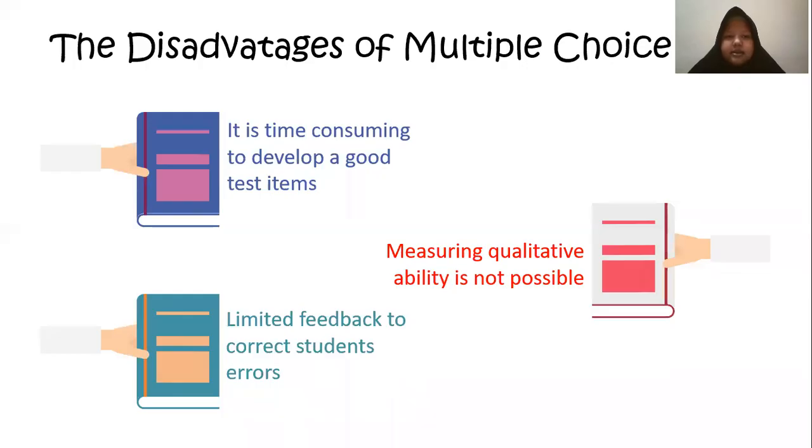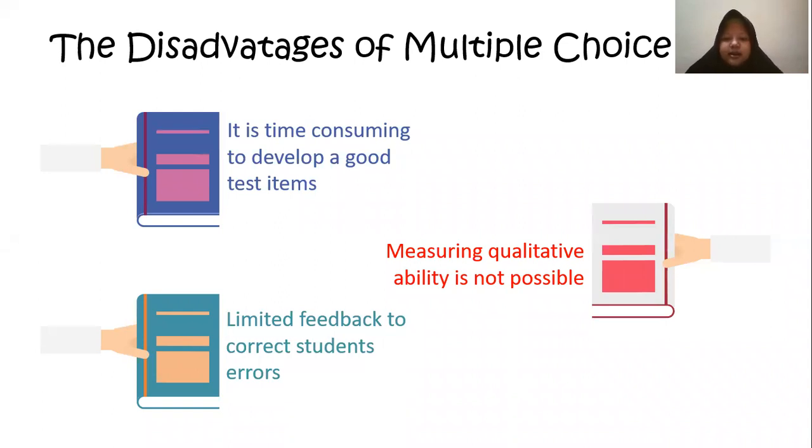And then these are the disadvantages of multiple choice test items. The first, it is time consuming to develop a good test item because as I delivered before, there are a lot of aspects that the teacher should consider if they want to create an appropriate multiple choice item. Therefore, I think it needs a lot of time to construct it.